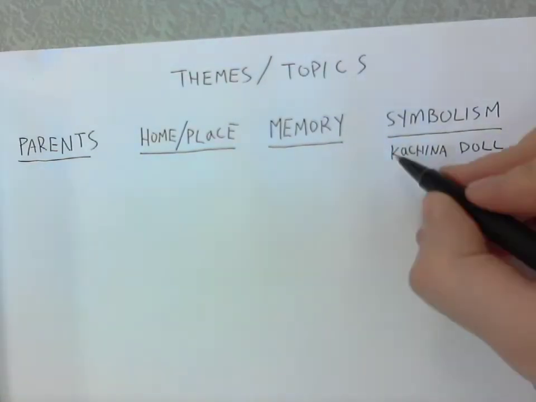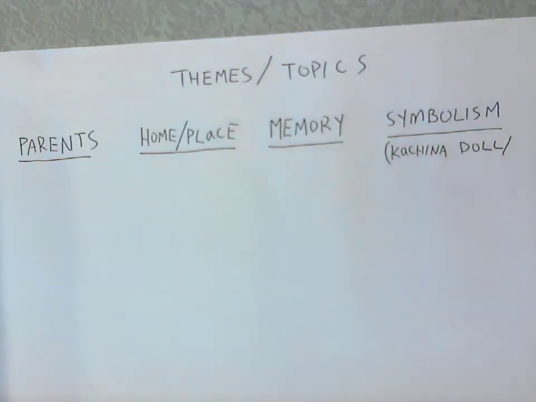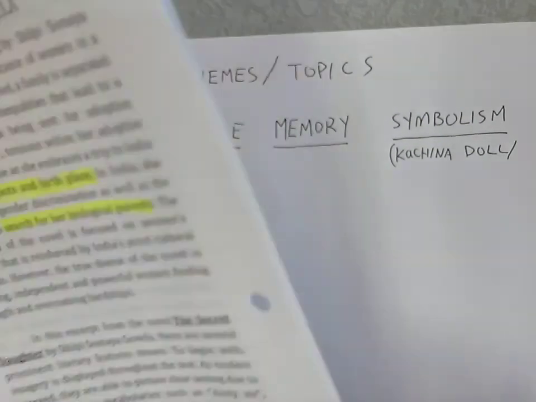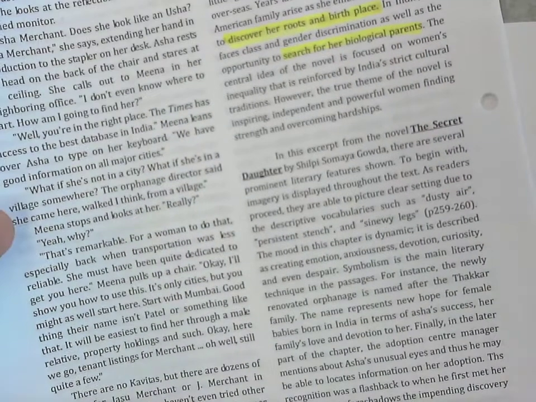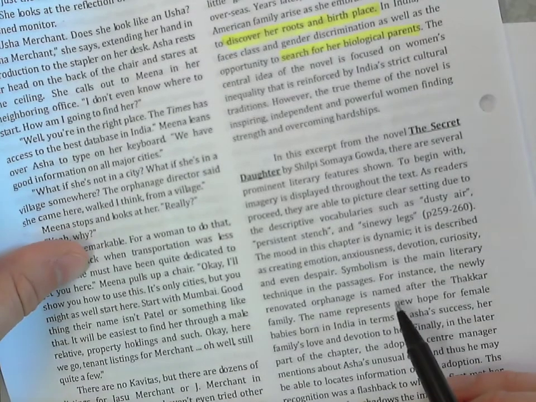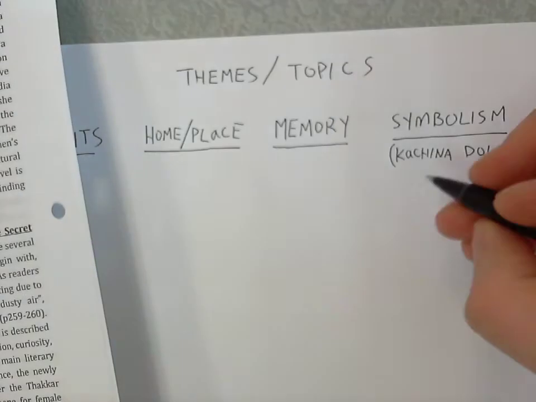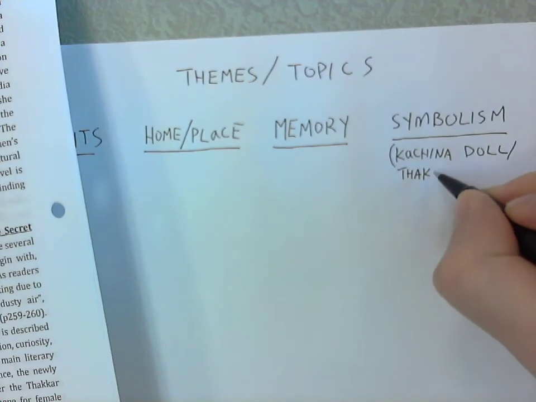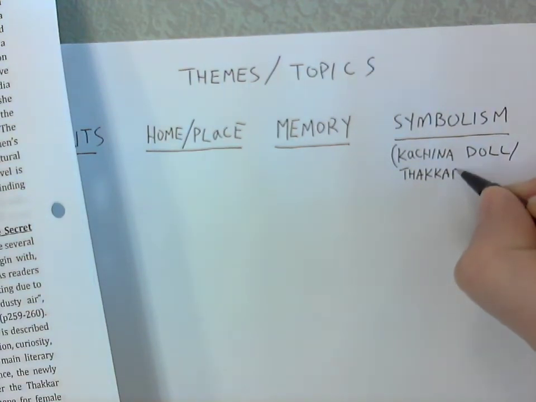And the symbolism in the other one, I'm gonna disagree here with the writer. What she says the symbolism is the name Thakkar. So I'm gonna put Thakkar in there. Actually, now that I think about it, it does have some symbolism for sure, but I'm gonna also add another thing that I noticed.